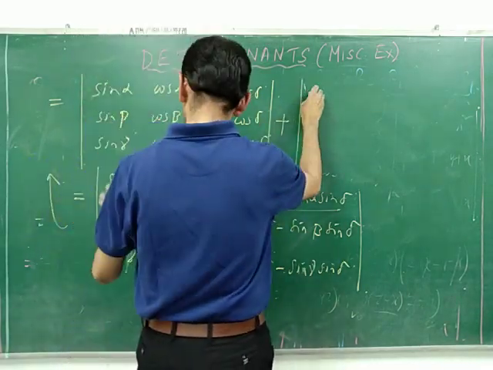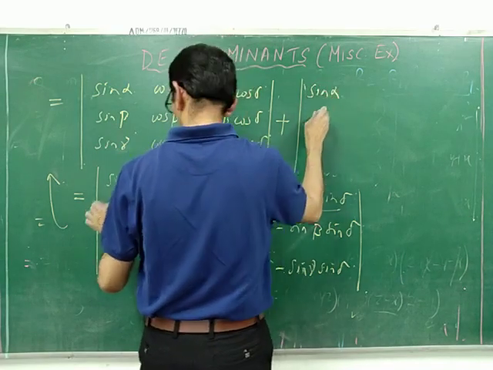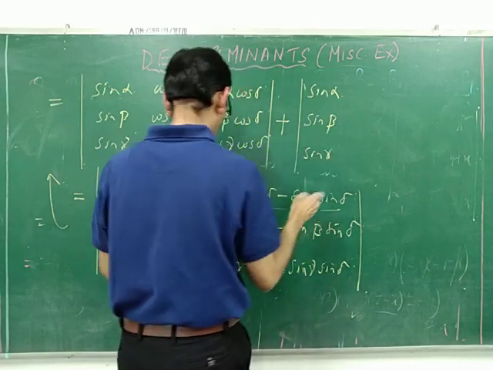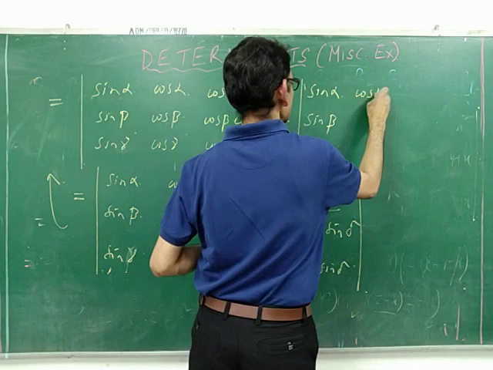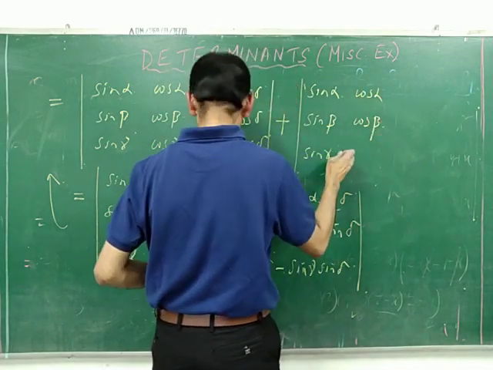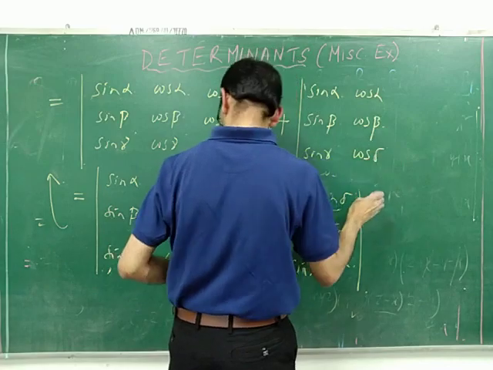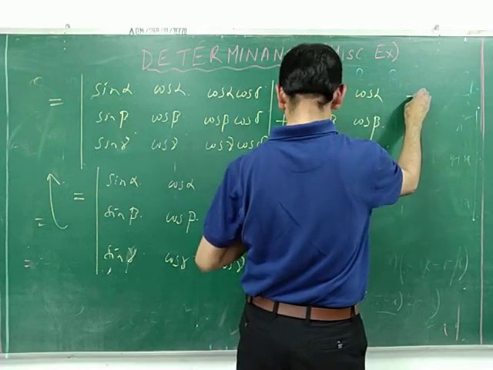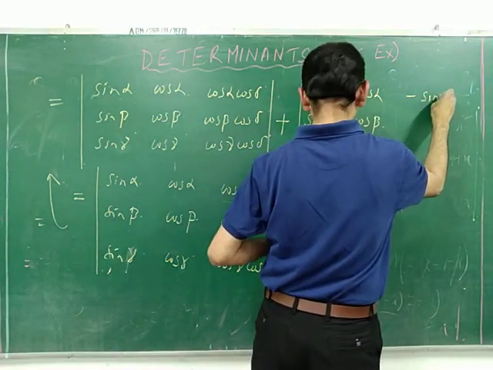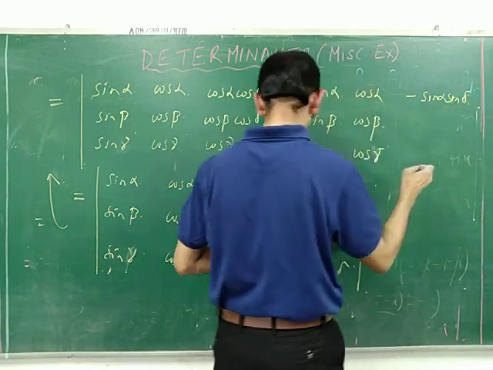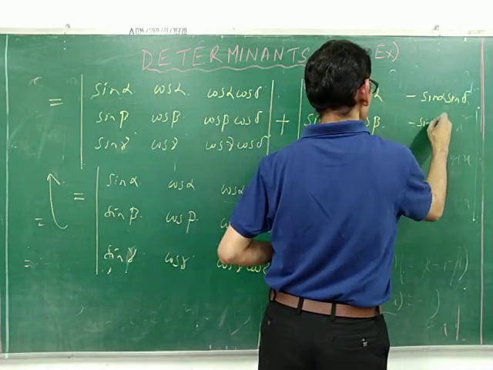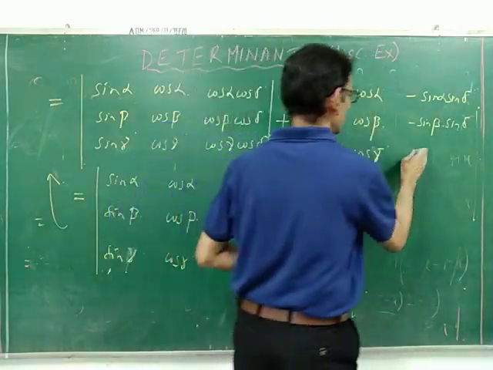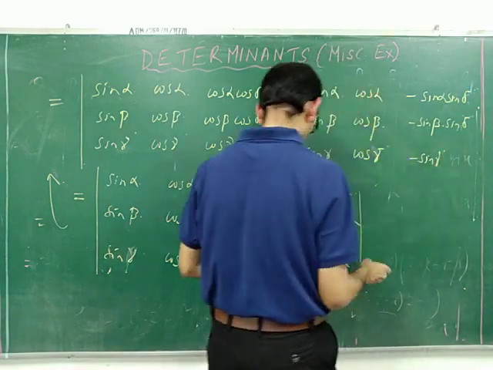Second determinant is sin alpha, sin beta, sin gamma, and cos alpha, cos beta, cos gamma, and here it will be minus sin alpha sin delta, minus sin beta sin delta, minus sin gamma sin delta.